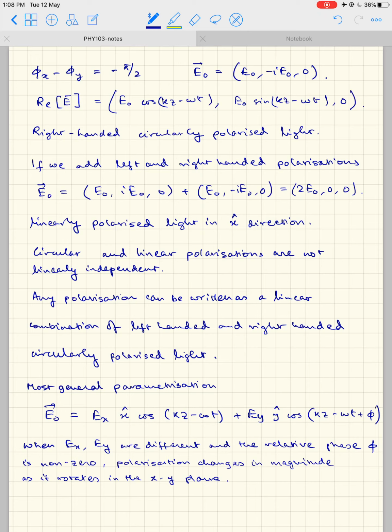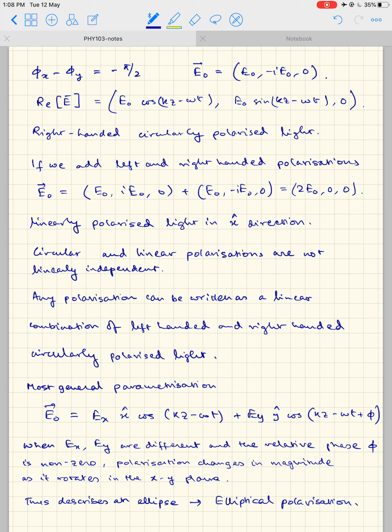This describes an ellipse, and this is called elliptical polarization. Linear polarization would correspond to phi equal to 0, and circular polarization corresponds to phi equal to plus minus pi over 2 and Ex equal to Ey.